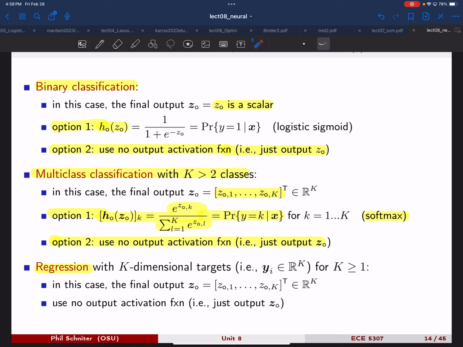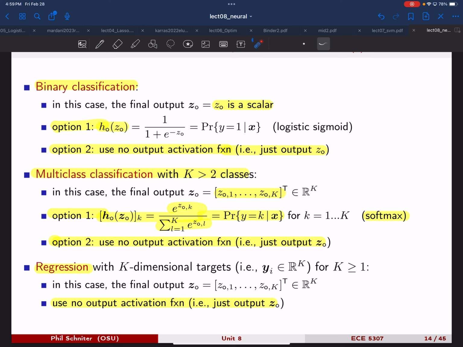In this case, we don't want to use any output activation function. In fact, if we took those z's and put them through something like a sigmoid, we might be really hurting ourselves, because a sigmoid is going to prevent the output from ever going beyond 0 and 1, and that means I could never predict a target that was outside of 0 and 1. So in regression, we just take the linear output itself, and that is what we use for prediction.